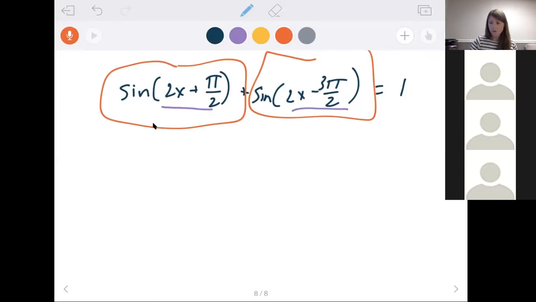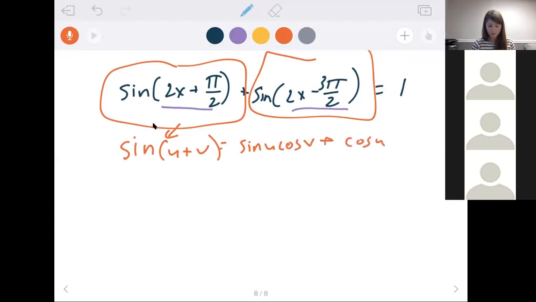So let's remember our two formulas. Let's take a look at our sine. If we take a look at sine of u plus v, that's going to be sine u cosine v plus cosine u sine v.